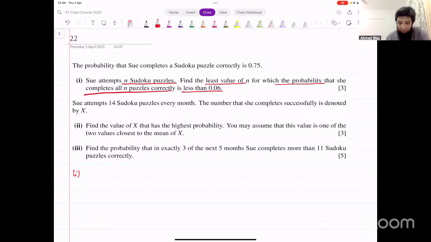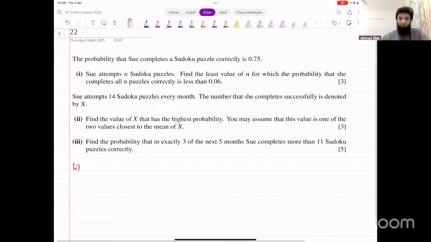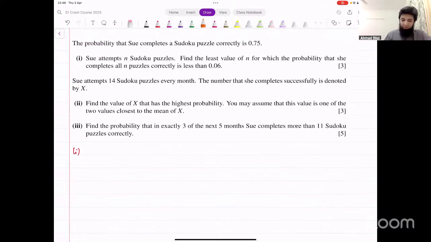Now, it's very similar to the last one that we did. I'll do this quickly as well. Again, focus on what probability we are talking about first, otherwise this whole statement is going to be quite confusing for you. What probability are they talking about? Probability that she completes all n puzzles correctly. Okay, that's the probability that we're talking about.